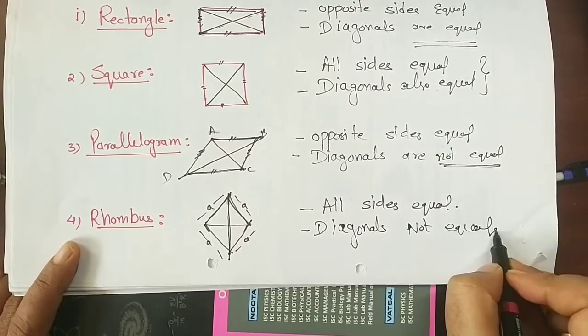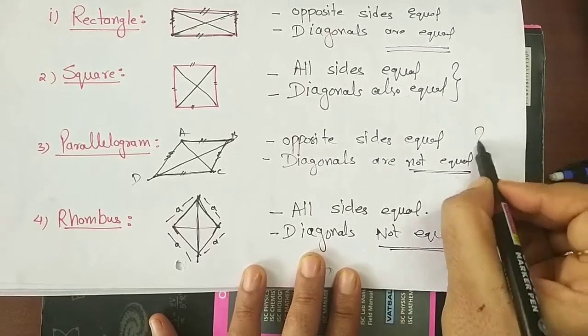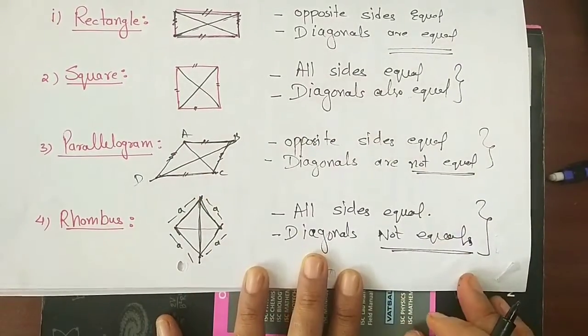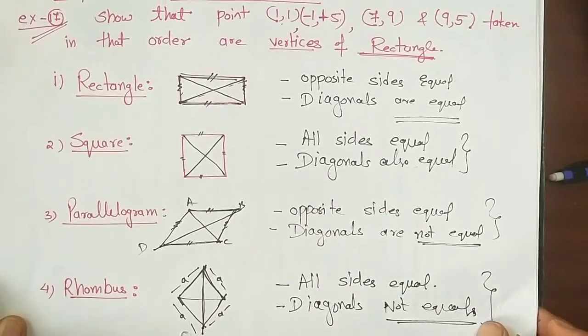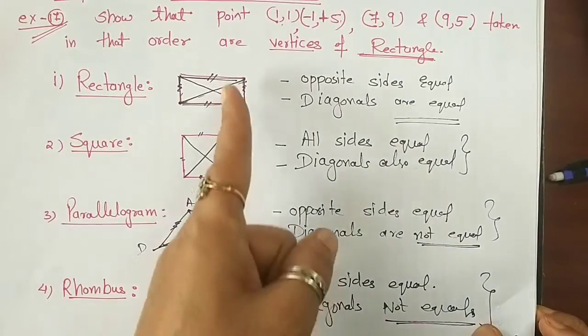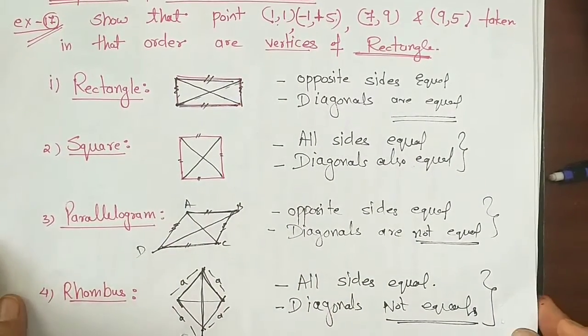Both diagonals are of different size. So this is the difference between this and a square. See here diagonals are equal, here diagonals are not equal. If you keep these two properties of each shape in mind, we can solve many questions based on shapes.